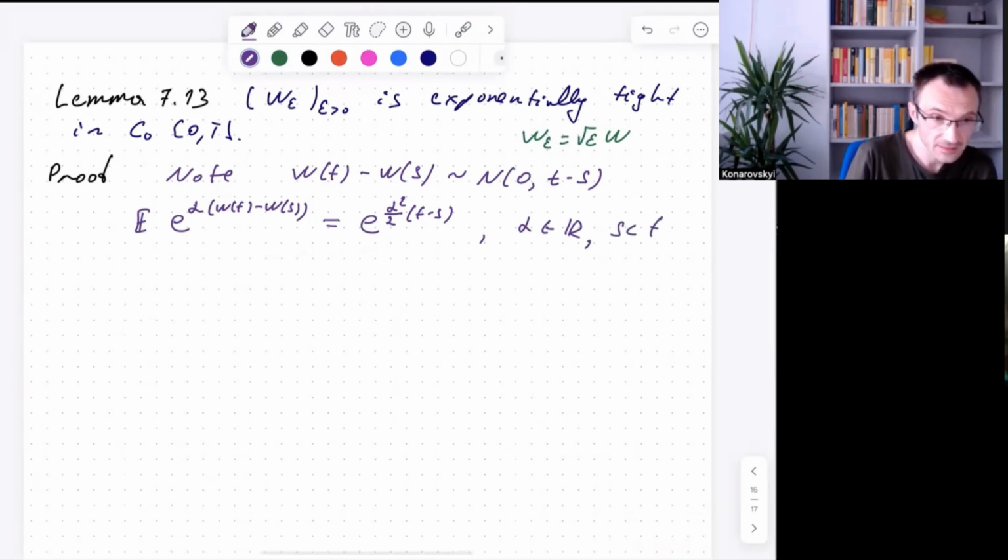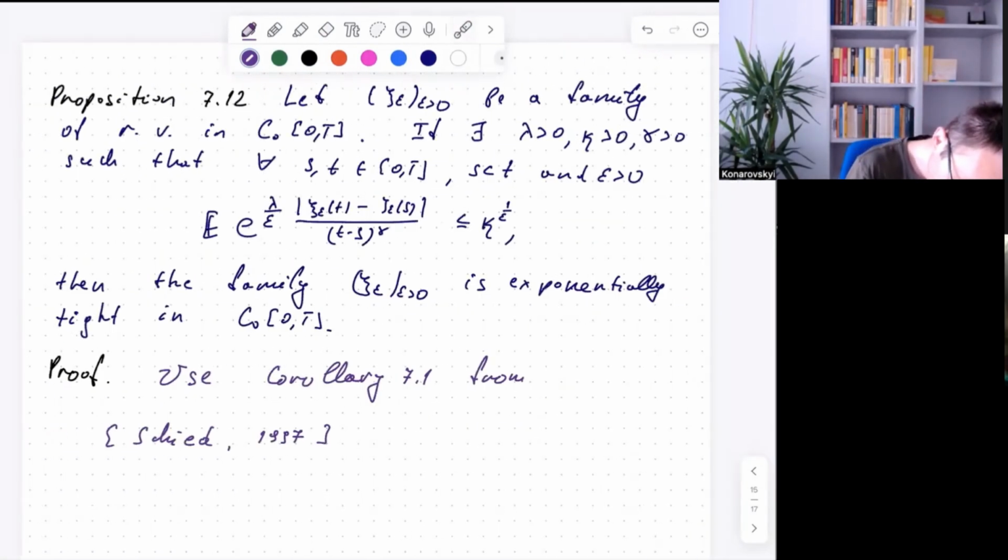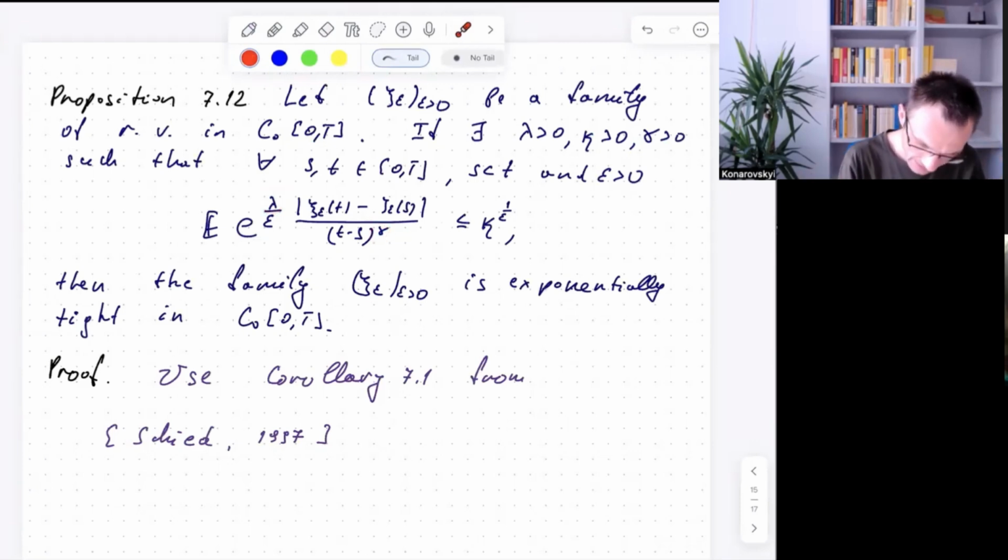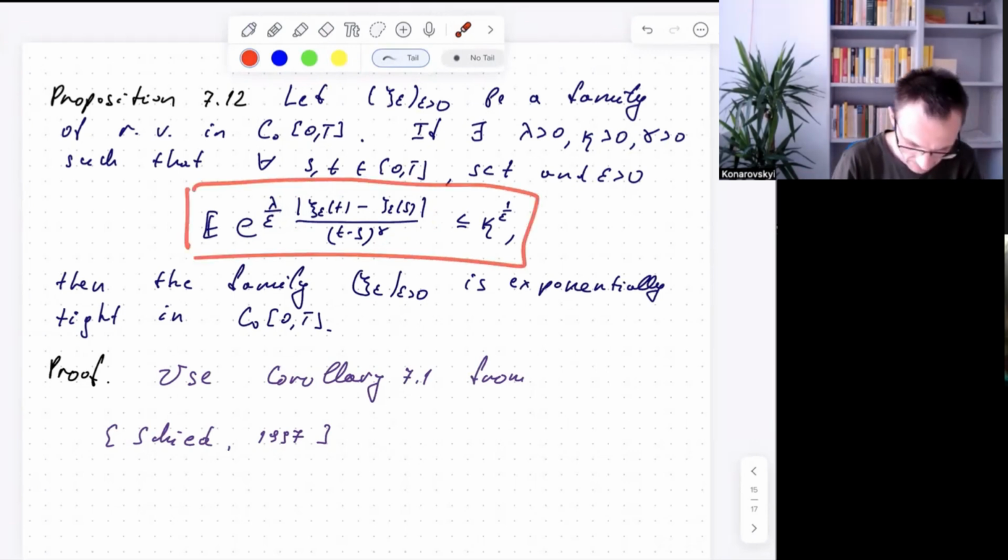And now let's consider the estimate of the expectation of e to the power alpha, and you see that you need to choose this lambda and this gamma. At the moment I do not know what they are, but I want to consider the absolute value of the increments of the Brownian motion, and put some alpha that I will later choose in such a way that I get this type of inequality.